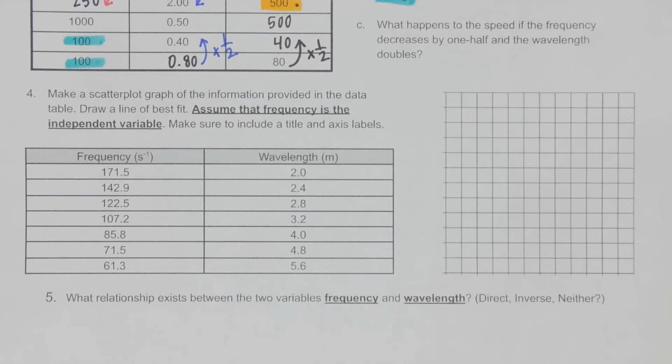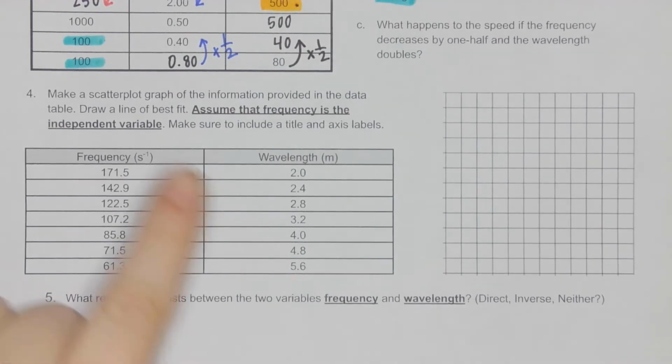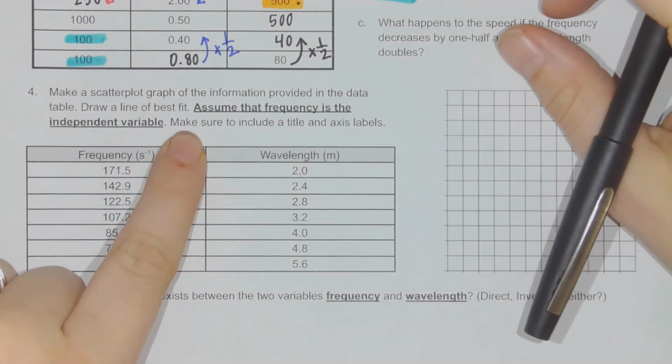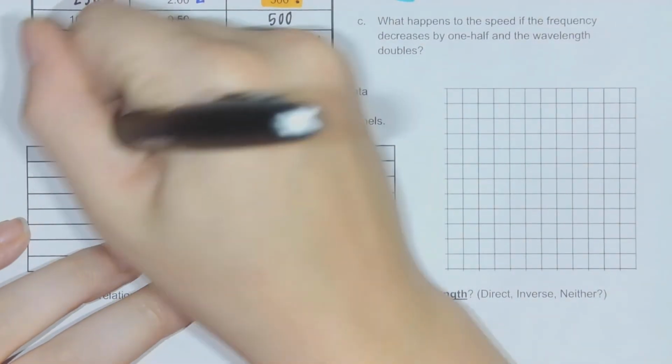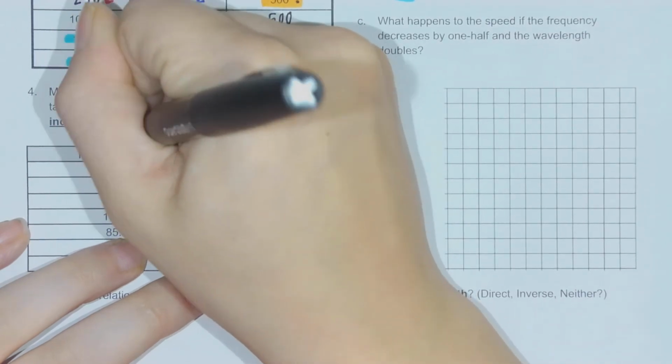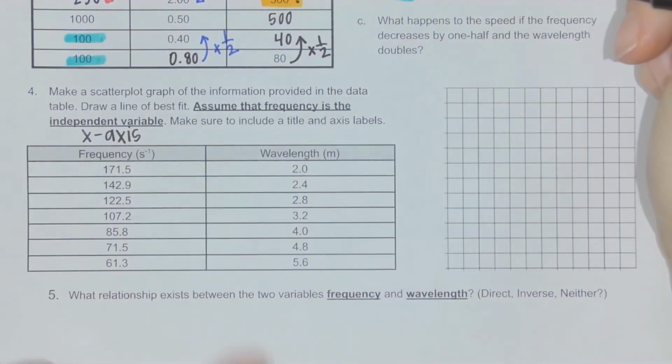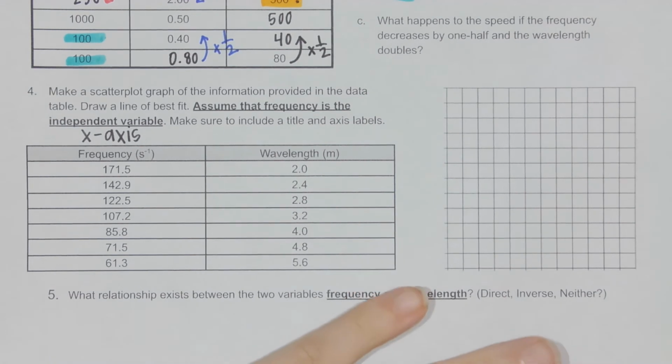So number 4, make a scatter plot graph of the information in the table, draw a line of best fit, assume that frequency is the independent variable. That means that we're going to put it on the x-axis. Be sure to include a title and axis labels.